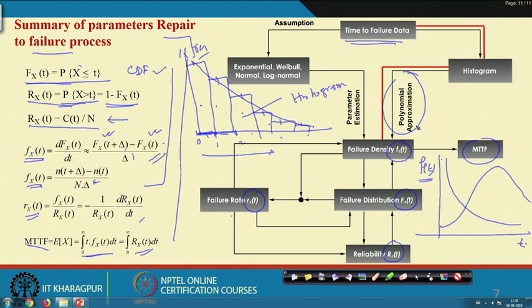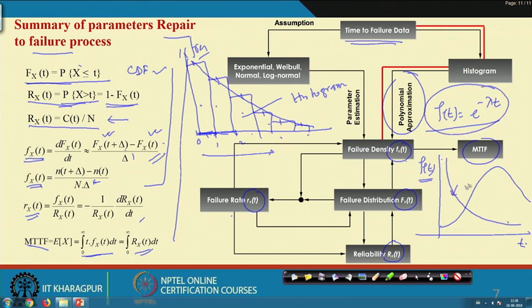For example, if this is the exponential case, then you can write f(t) equal to maybe e to the power minus lambda t. I am not saying this is necessarily the equation, just one kind.